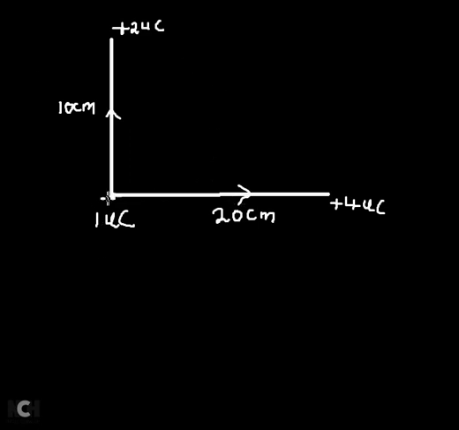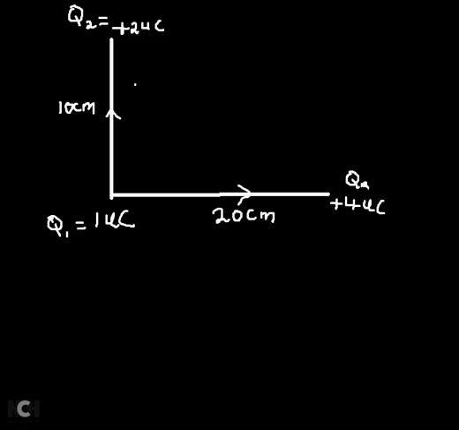You know very well that the resultant force on this 1 microcoulomb cannot be found by just adding the two forces. Let me call this charge Q1. This right here is Q2, and this right here is Q3.